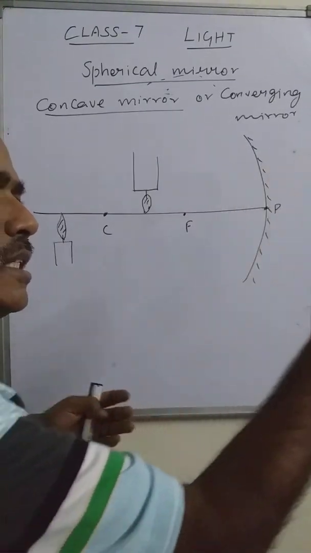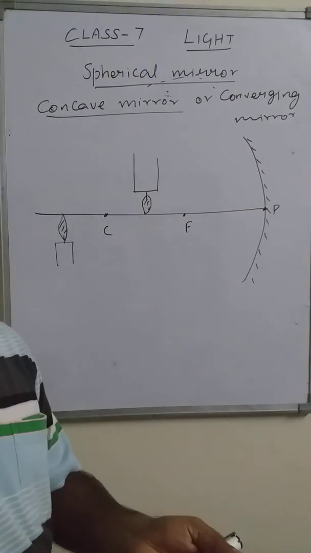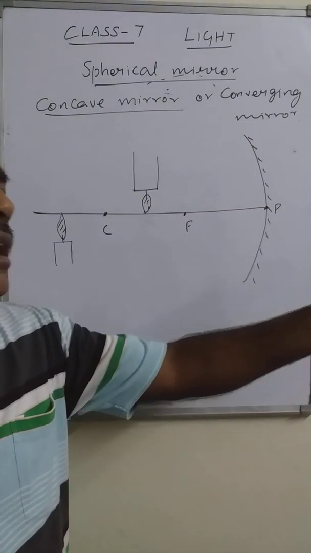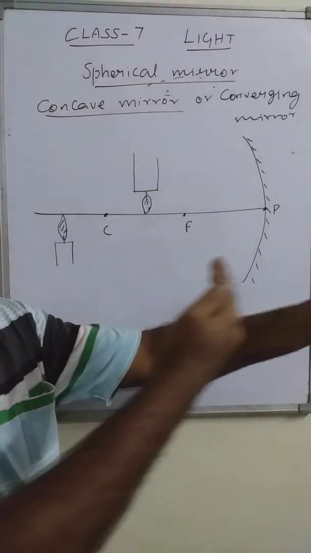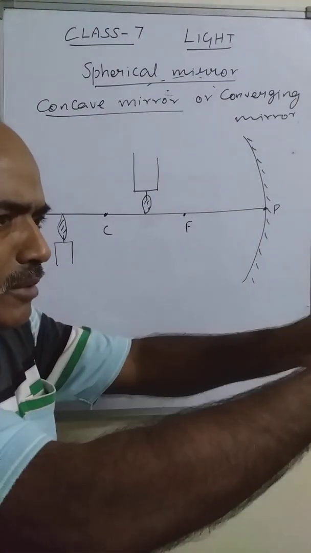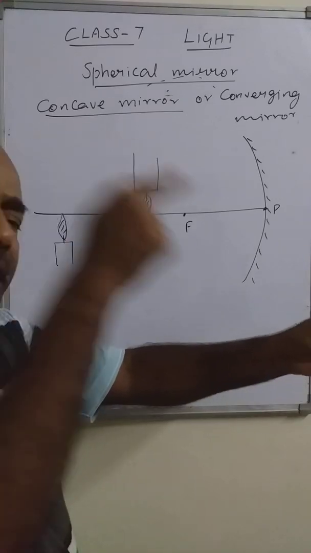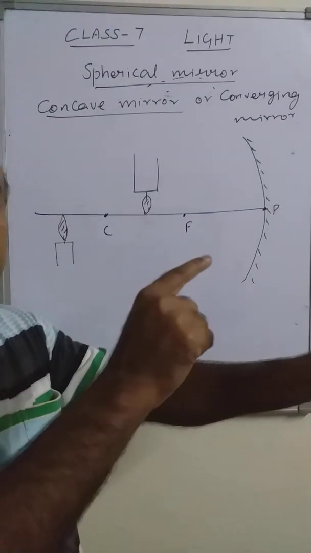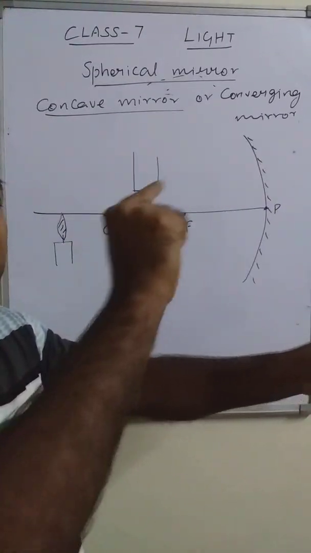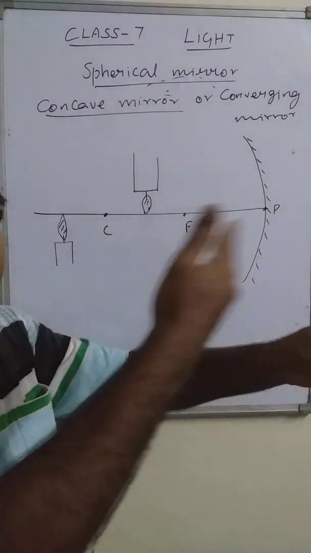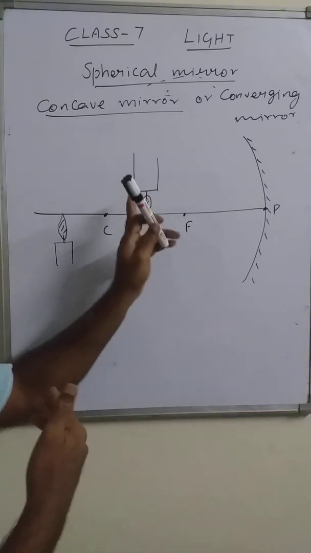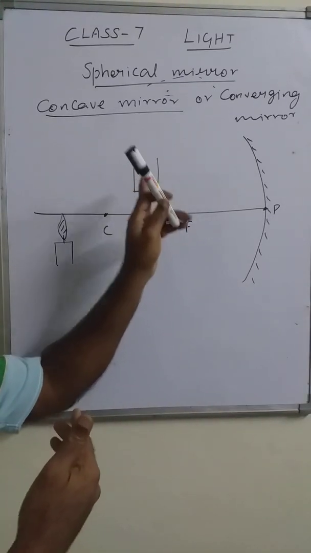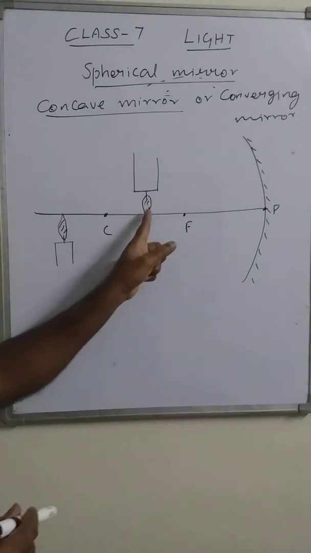Otherwise you can fix the mirror on any stand and adjust yourself, moving towards the mirror and moving away from the mirror. In that case also you can observe that the size of the face you are seeing in the mirror will be different for various positions.